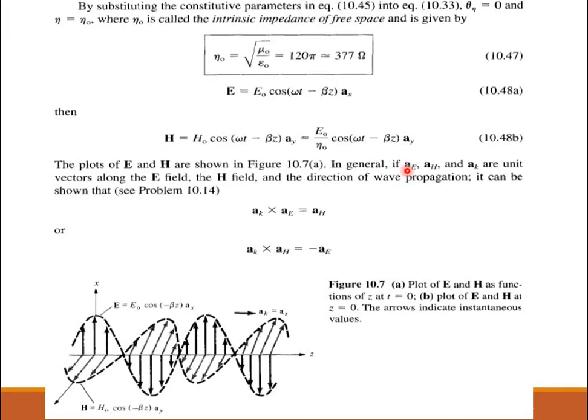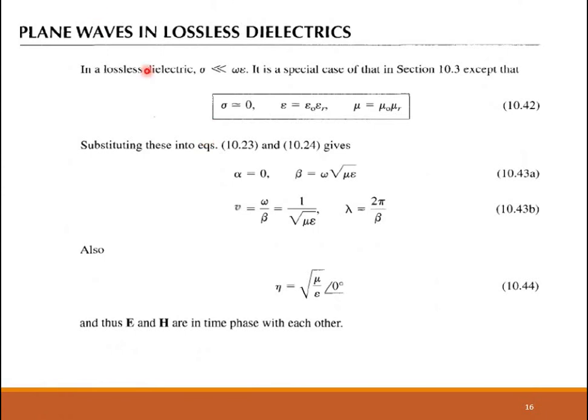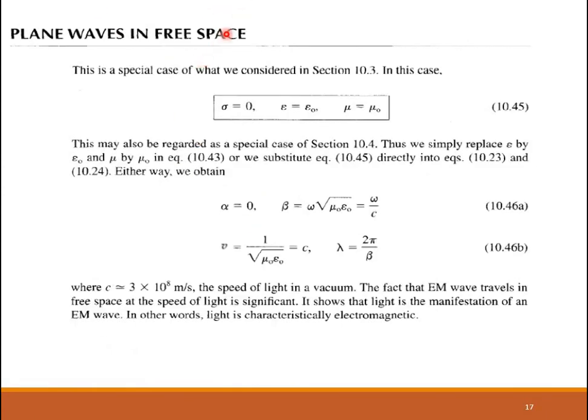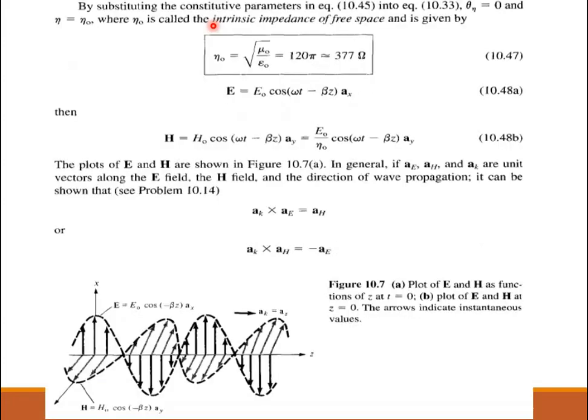This is AX and this is AY. So please remember, the same expression for E and H can be used in the case of lossless dielectric also. Both for lossless dielectric and for free space, the expressions for E and H can be written in this form because the phase shift is 0.